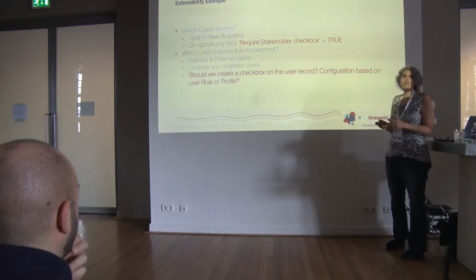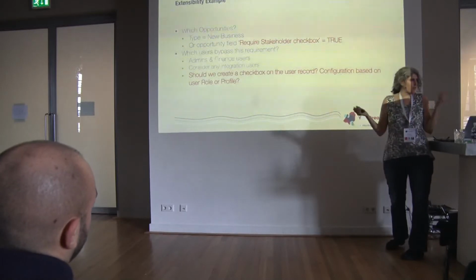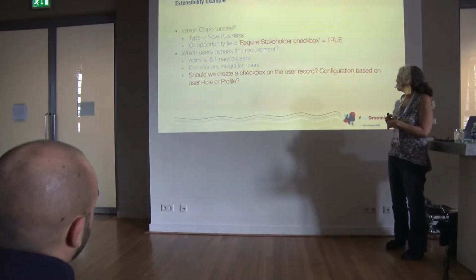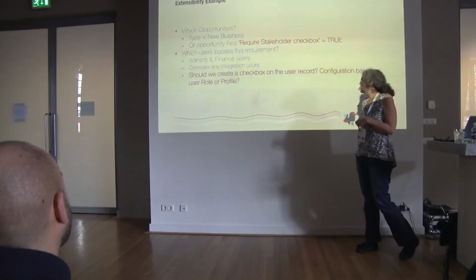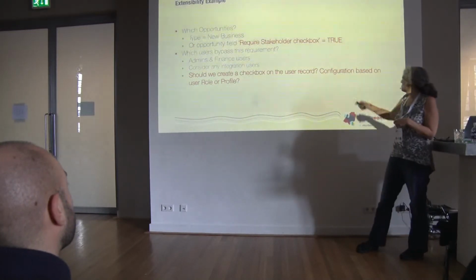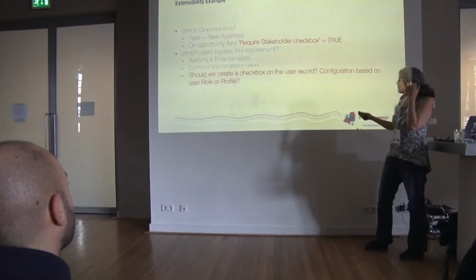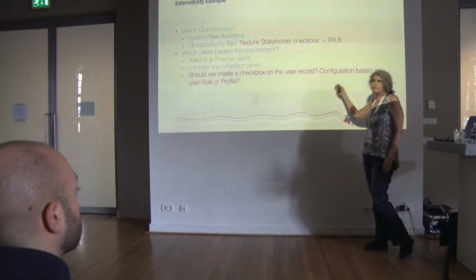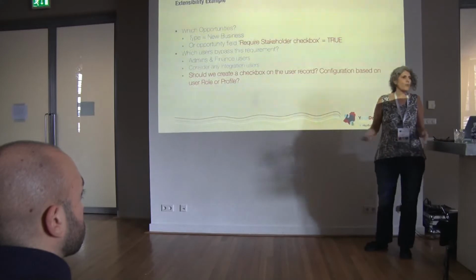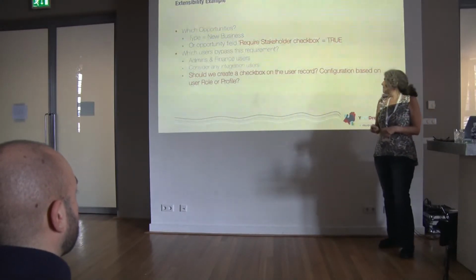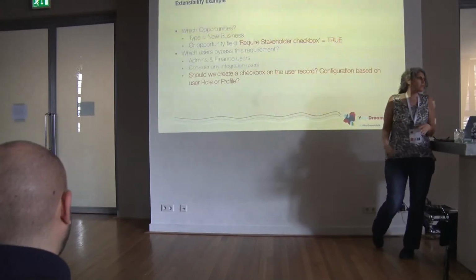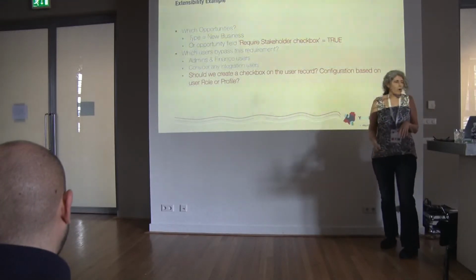My admins and finance users can change opportunity stages without requiring adding contact roles. And maybe there's integration users. And then I'm going to ask them, should we go with a user record checkbox? Do we want to do some configuration based on role or profile? I'm going to ask the admin what they think is the best thing. In this particular design, it was a small org, so we decided on a user checkbox.